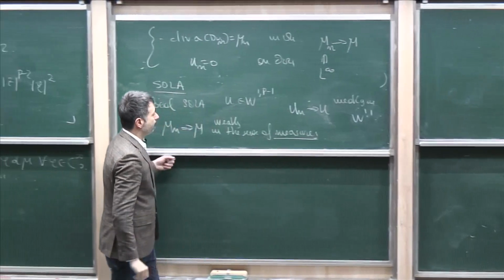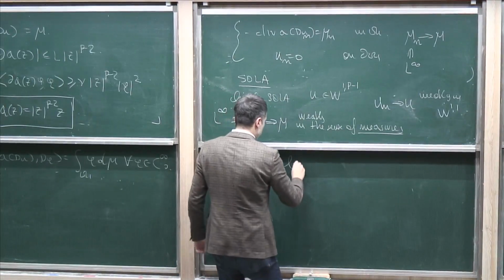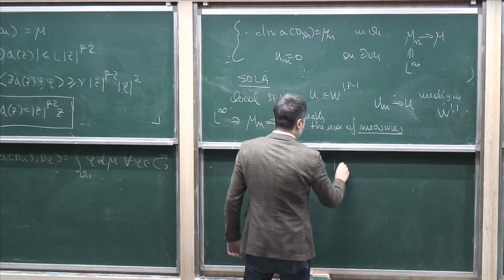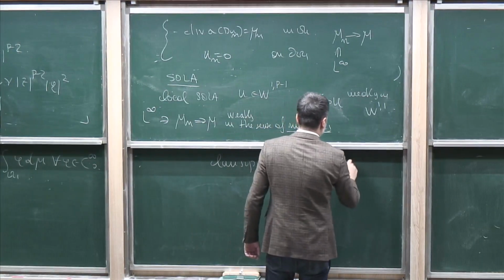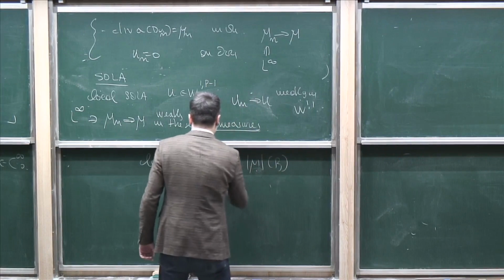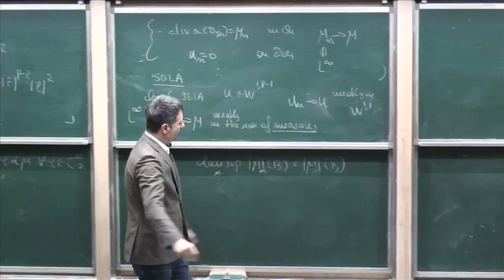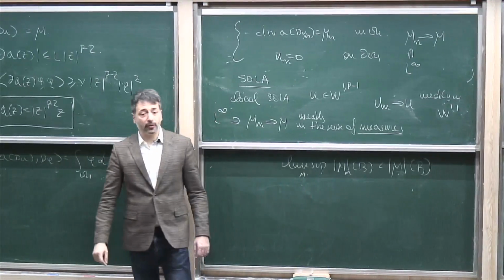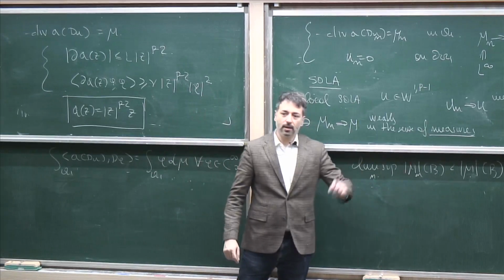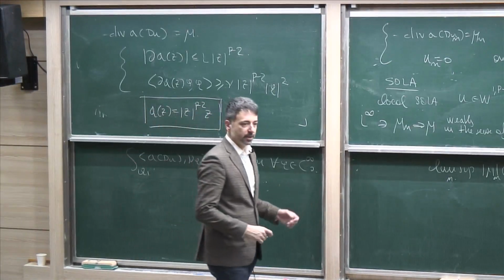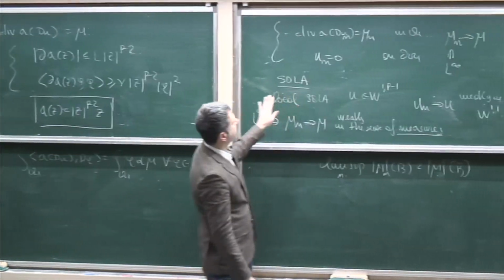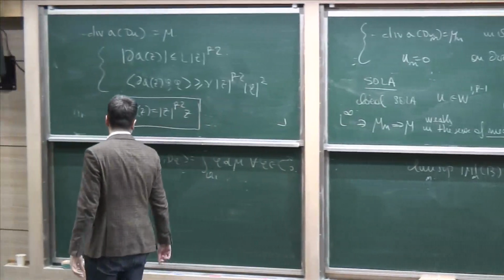And finally, such that the limsup of the total variation on every ball is less than or equal to this. Observe that when all the measures are positive, this is automatically implied by the weak convergence. Otherwise, you have to prescribe it. So for me, a SOLA is just something that can be obtained like this.